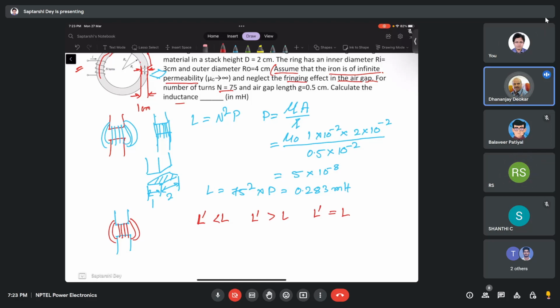Greater. It is an air gap, so the inductance will be larger, right?